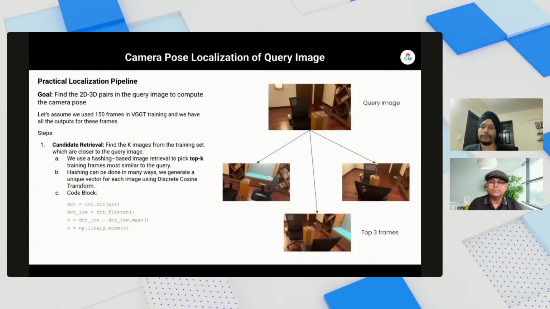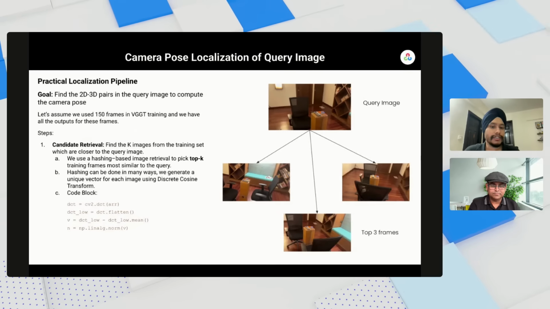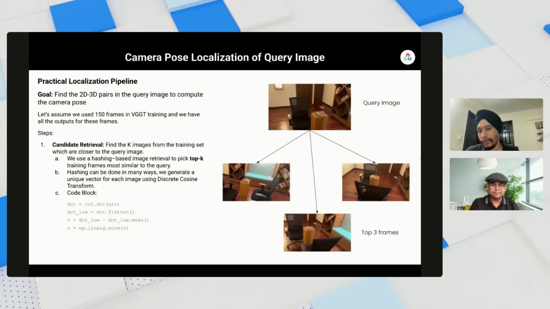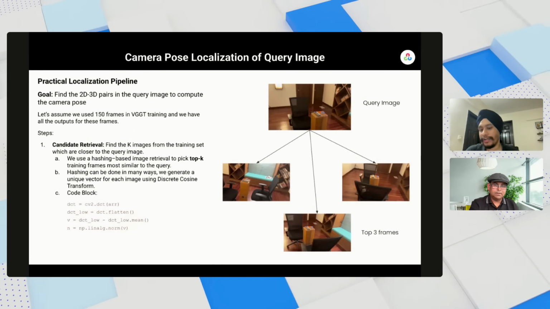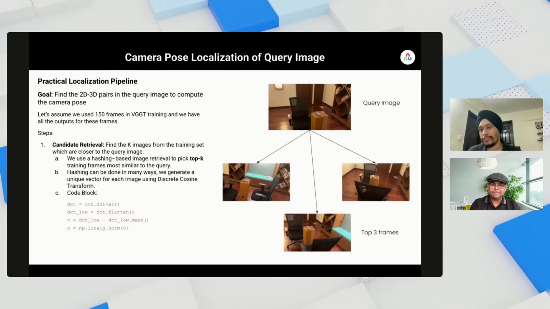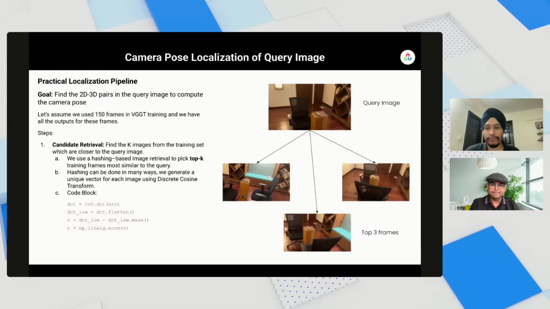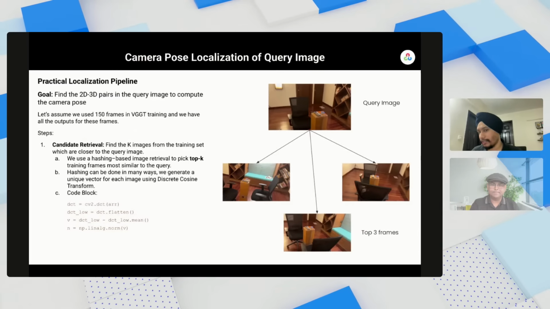Okay, so what we need to do is, if we have the 2D 3D pairs, we have seen that we will be able to localize the camera pose using just classical mathematics. So that is what we want to find, and that is the pipeline that we need to create, right? Let's assume we used 150 frames in the VGG training, and we have all the outputs for these frames.